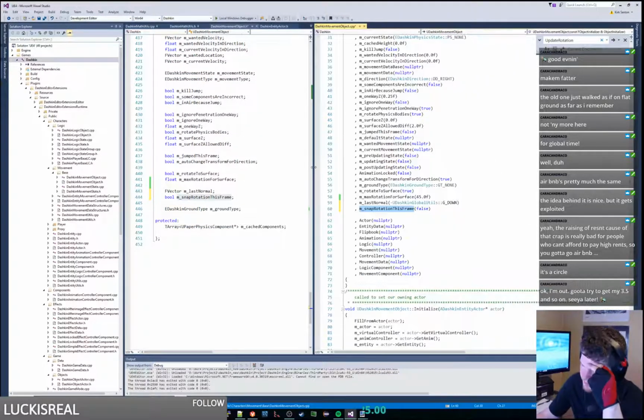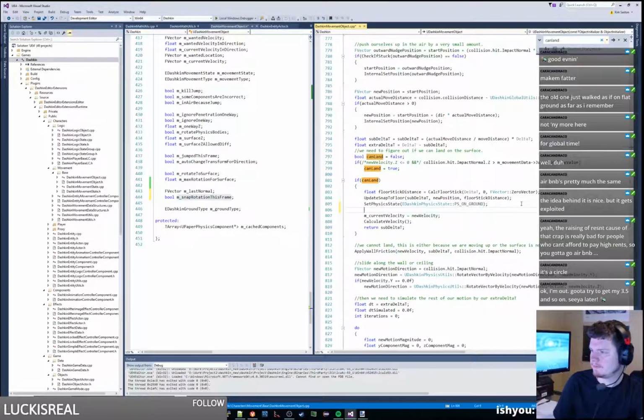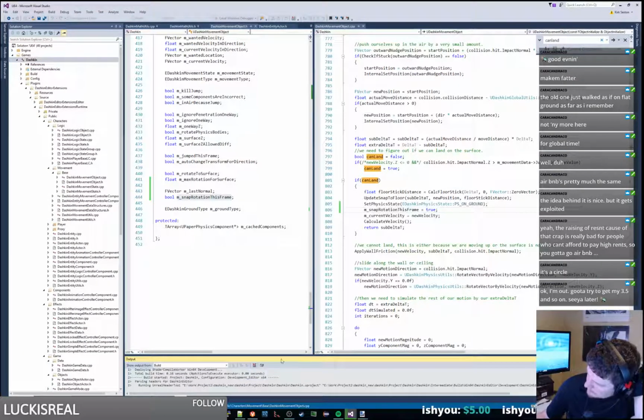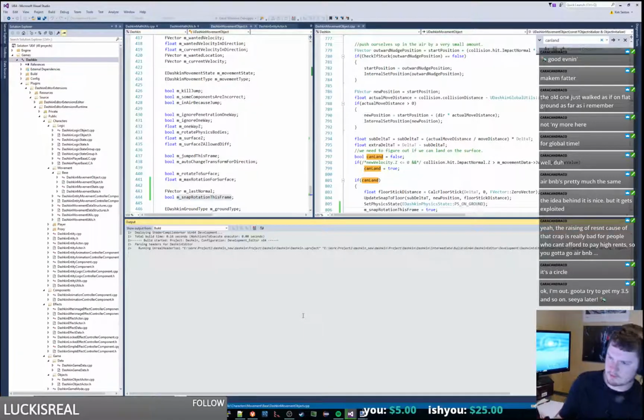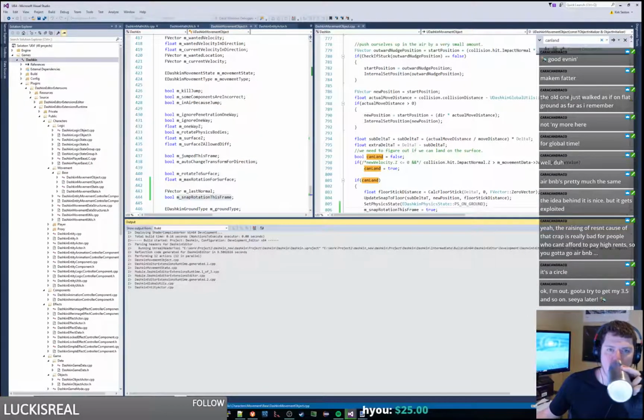So let's see, we should snap if we go from in the air to on the ground. So let's see what an exponential change in angle looks like, as well as snapping when we land. God, movement is just complicated. It's like entire games and simulations are based on just moving crap around.